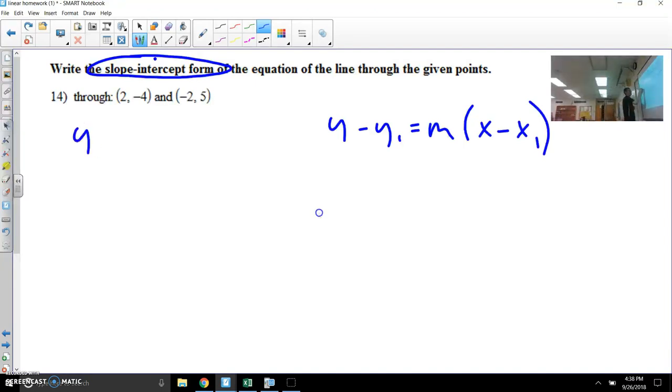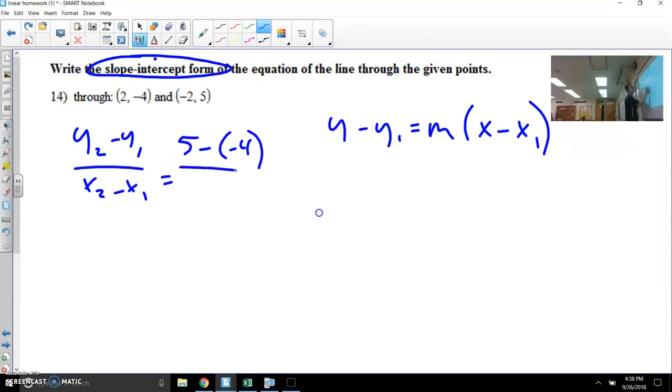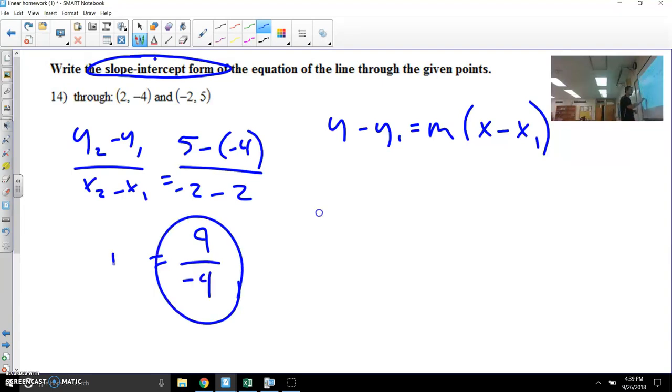So let's start by using the formula and plug in all the values. 5 minus -4, -2 minus 2. And so 5 minus negative 4 is really 9. Negative 2 minus 2 is negative 4. So there's our slope. This is the value that we should use for m when we plug it into the second equation. So it doesn't matter which one you pick.